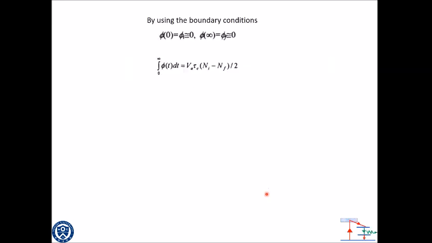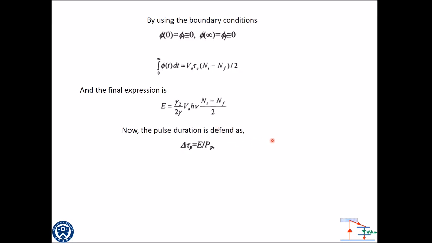Using the boundary conditions, where phi at 0 is phi 0 and phi at infinity is phi final, the integration comes to this, and the final expression can be written in this form, where Ni is the population before Q switching and Nf is the population after Q switching.